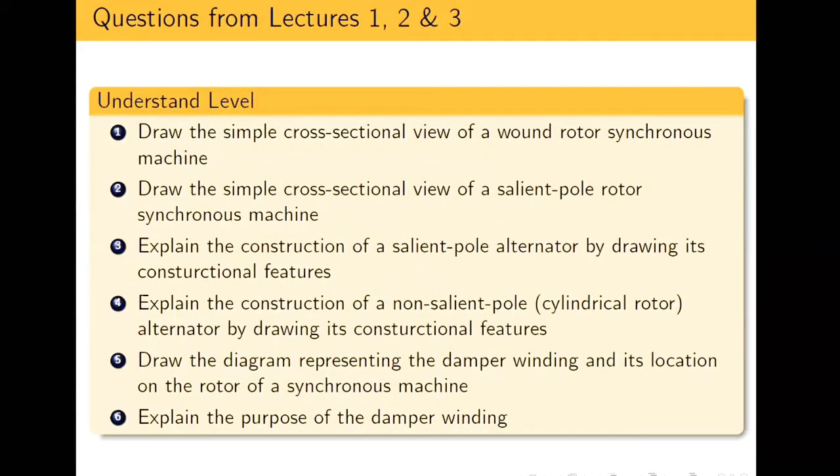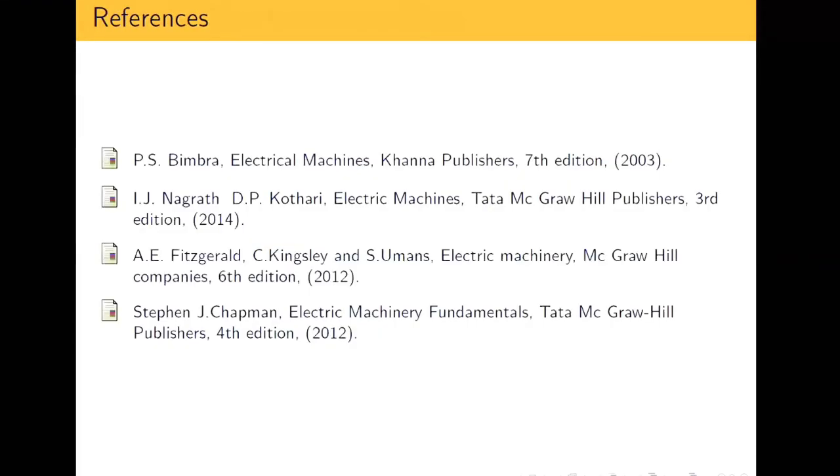There are 4 more levels. Next one is apply, then analyze, then evaluate, and then create. So these are the various levels which we have.